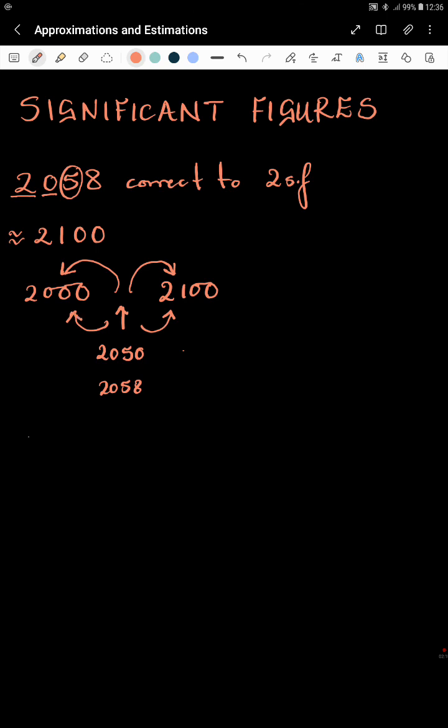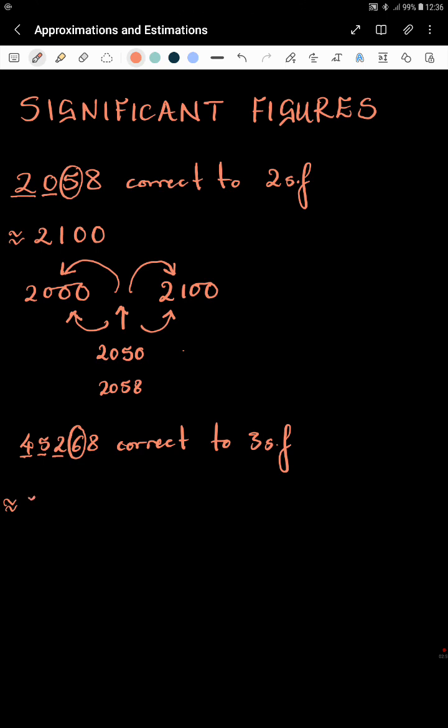Let's say we have a question that says 45,268 correct to three significant figures. So we're going to count your digits 1, 2, 3, and then you look at the next number, and that number means you are rounding up.